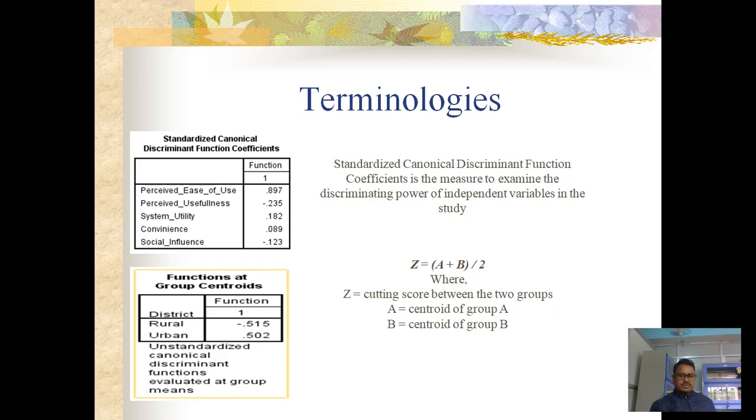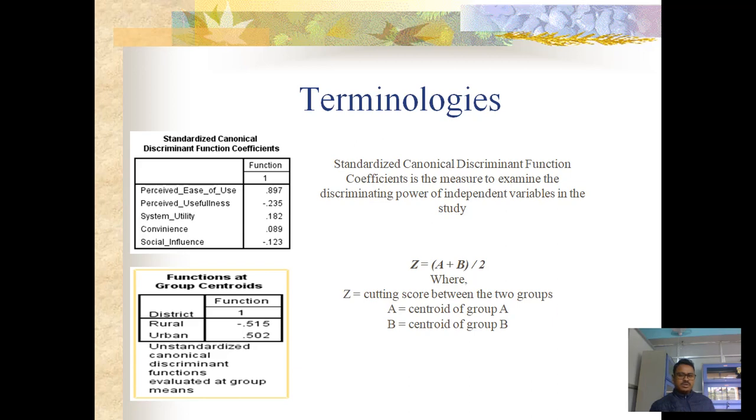So the standardized canonical discriminant function coefficient is the discriminating power of the independent variables between the two groups.